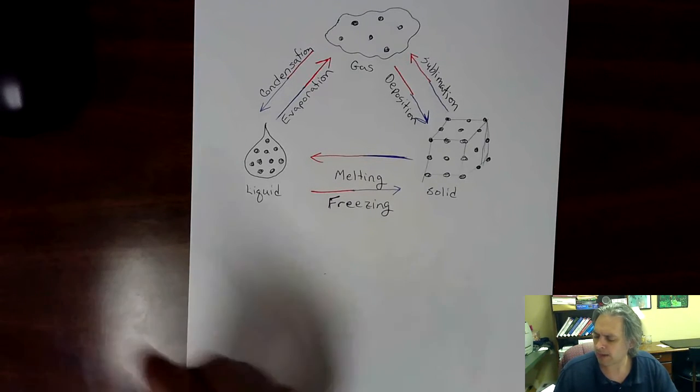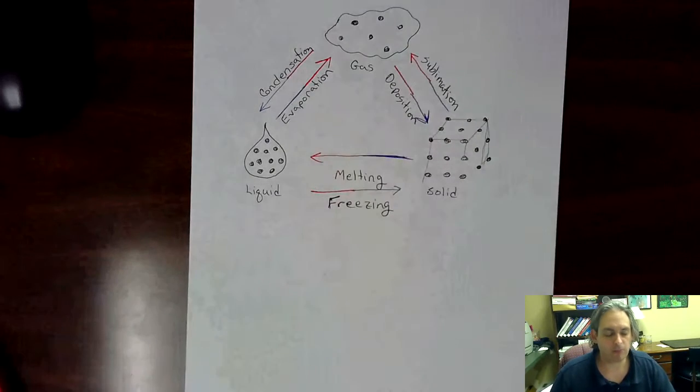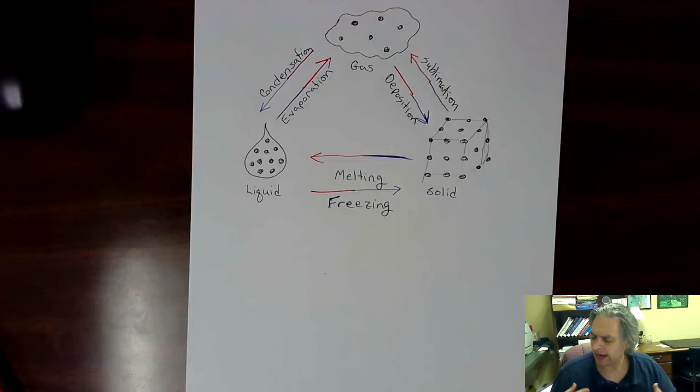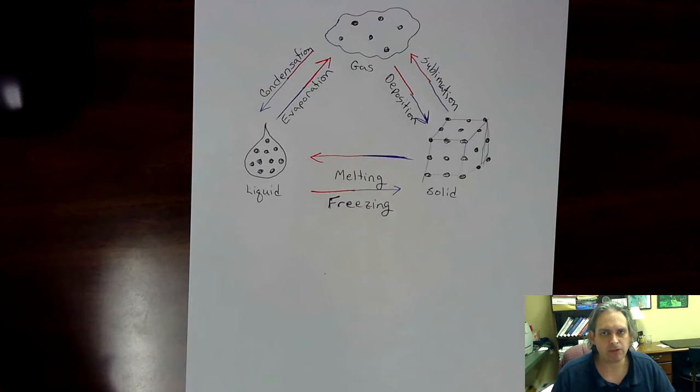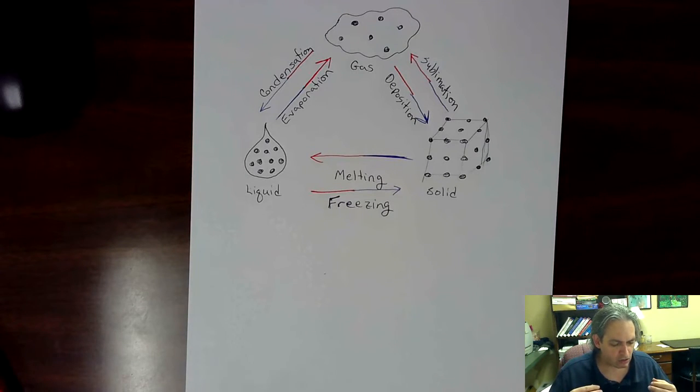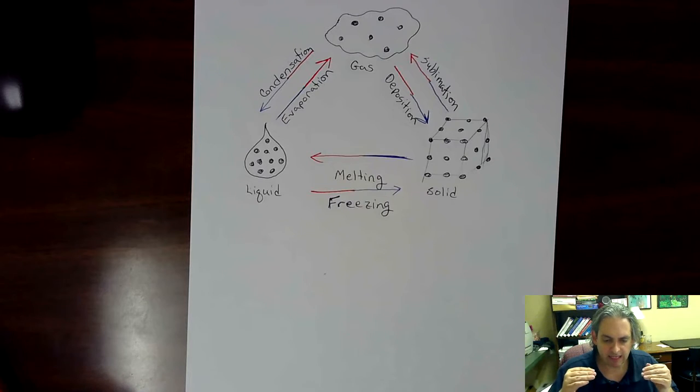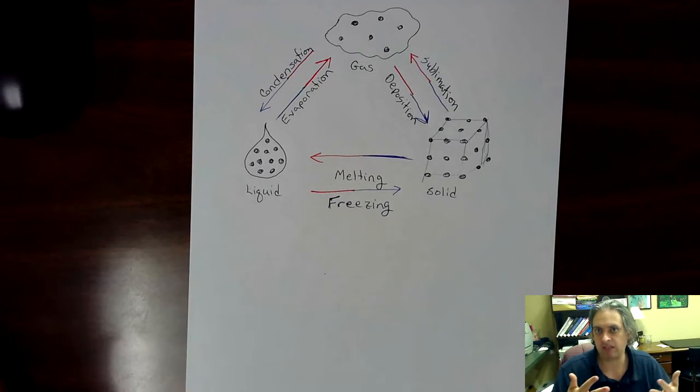All right, let's go back to evaporation. Let's talk a little bit more about evaporation. So as I said earlier, evaporation can happen at any temperature. And so when we go from the liquid phase to the gas phase, vapor is being created.